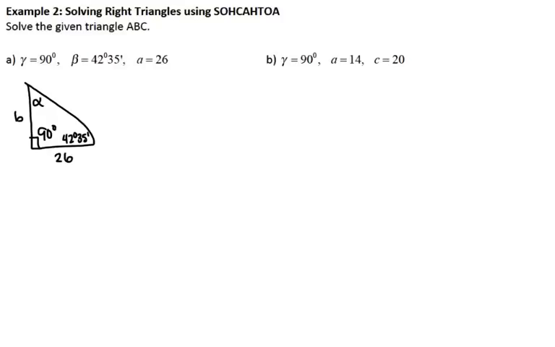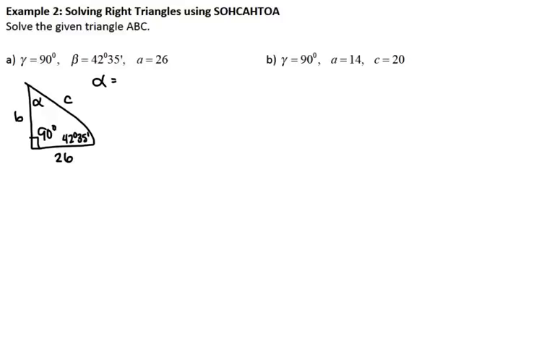We don't know side B, and we don't know side C. Since I have two of the angles, I can go ahead and solve for alpha. I know that the angles in a triangle add up to 180. Since your right angle is 90 degrees, alpha and beta have to add up to 90 degrees. So I'm taking 90 minus the 42 degrees, 35 minutes.